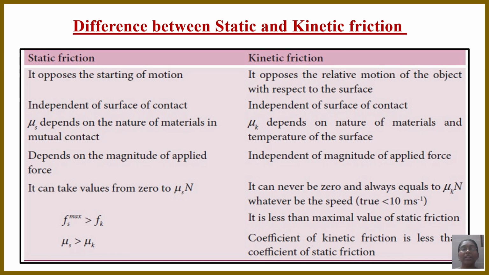Static friction can take a value from 0 to mu s N, but kinetic friction can never be 0. Comparing these two frictions, the static friction is always greater than kinetic friction. Why? Because in static friction the interlocking will be more compared to kinetic friction.